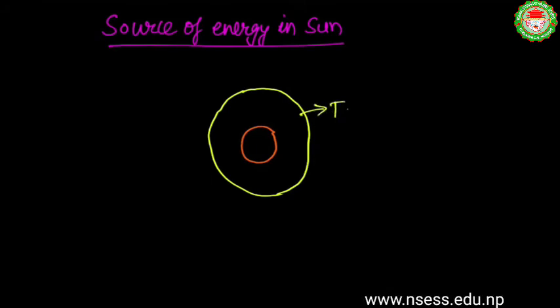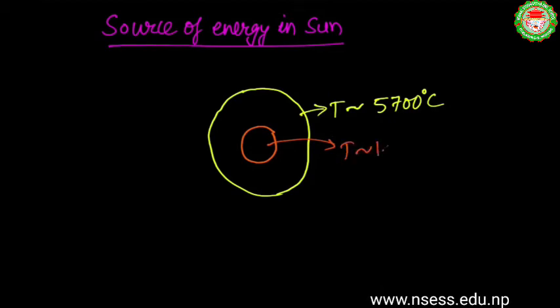We can see here the sun's surface temperature outside. The surface temperature of the sun is 5700 degrees Celsius, and similarly the core is enormously higher than the surface, about 1.5 into 10 to the power 7 degrees Celsius.